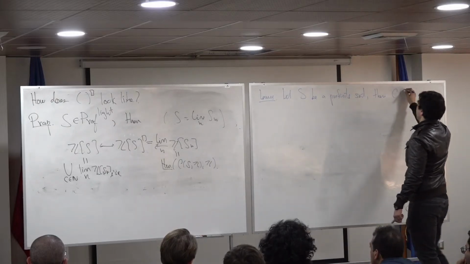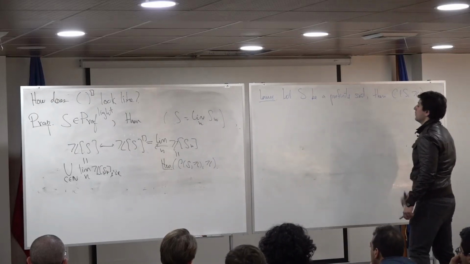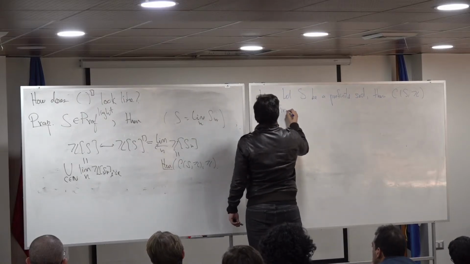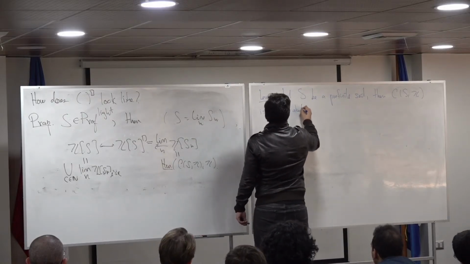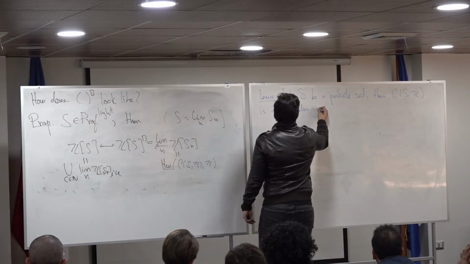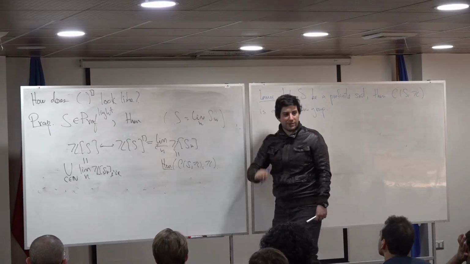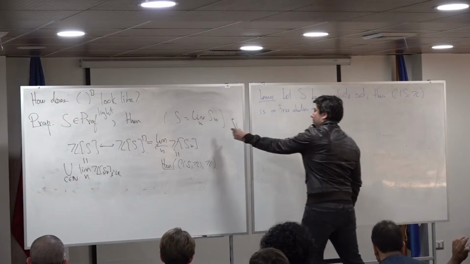Then the continuous functions from S to Z is a free abelian group. And maybe I will let you do an exercise to prove it when the profinite set is light. It's not so difficult once you write it in this way.